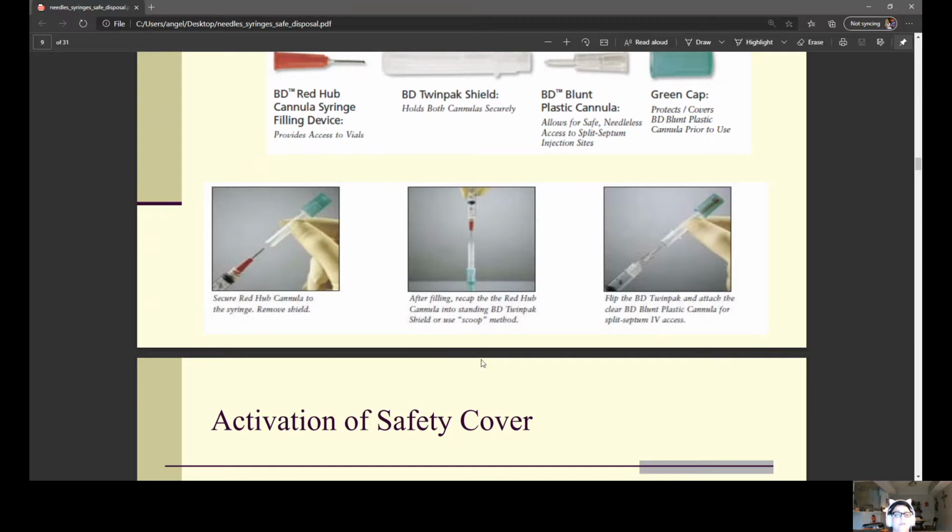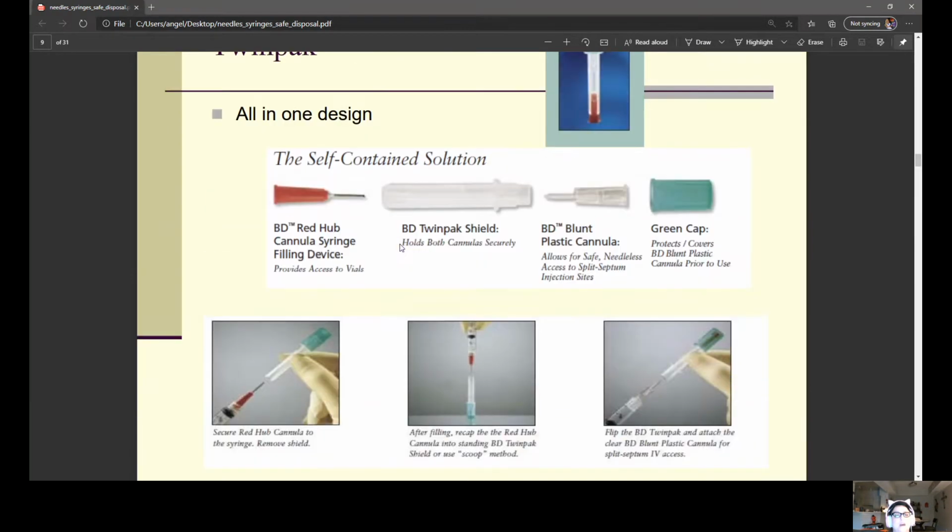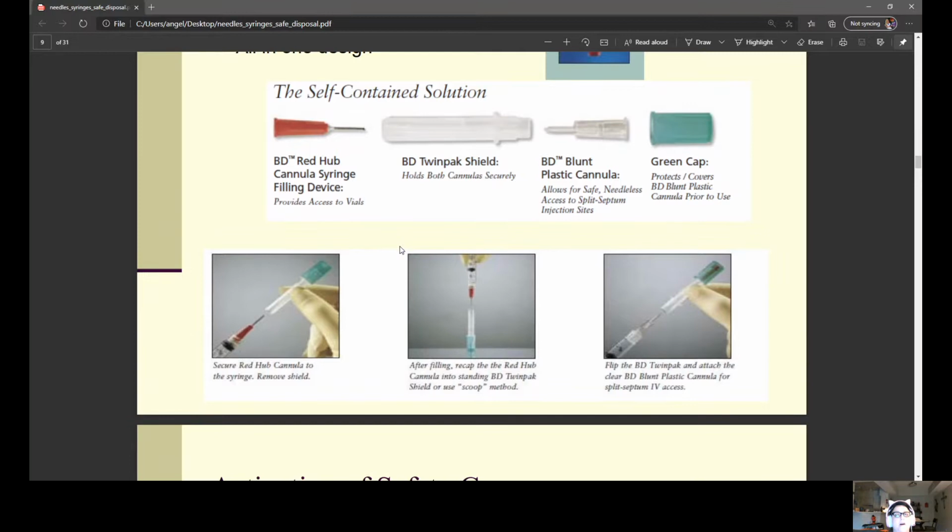Okay. There are different types of cannulas and needleless systems, but usually when we see these, this is going to be in an area where you have extremely infectious agents and patients that are super precautious.